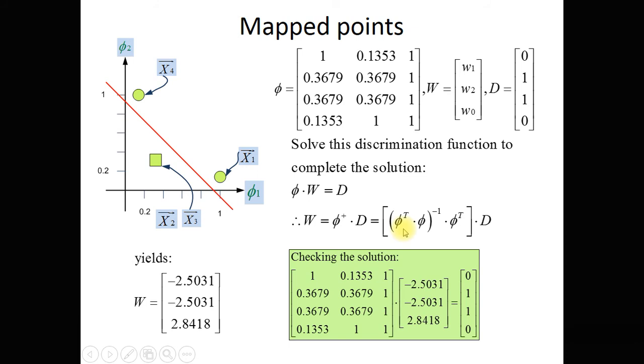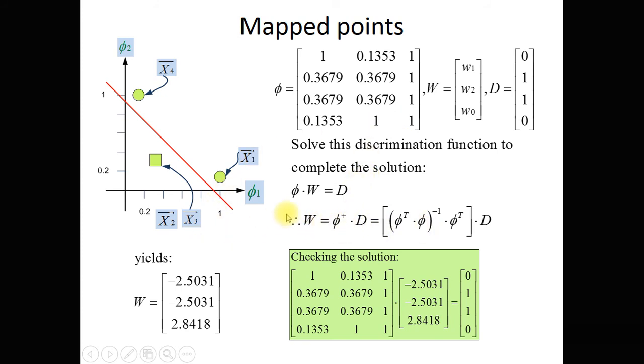How do you find the pseudo inverse? Take that matrix, take the transpose of that matrix, post multiply by the same matrix, invert it, and again post multiply by the transpose of the matrix to get the pseudo inverse, as it is called. Now if I simply solve this equation, I can get w.